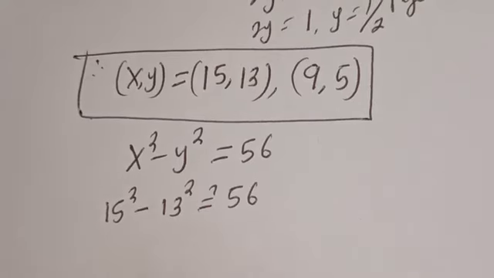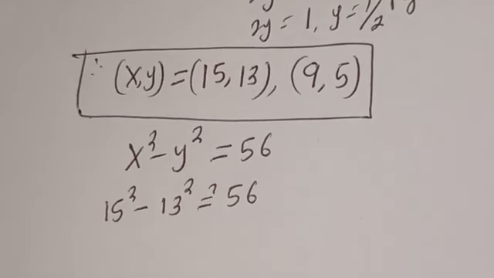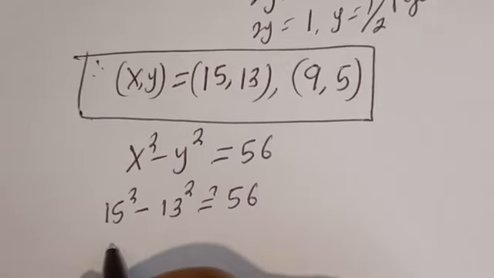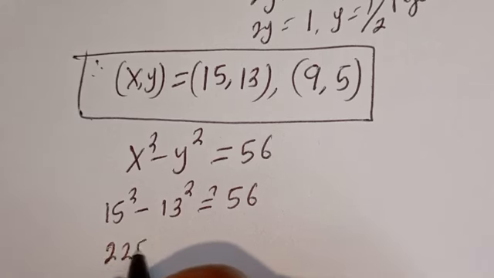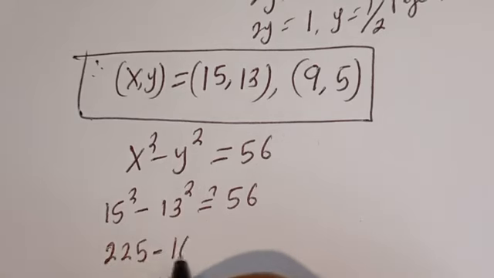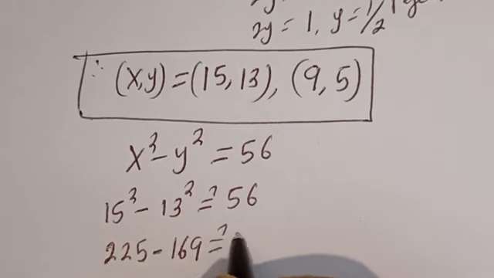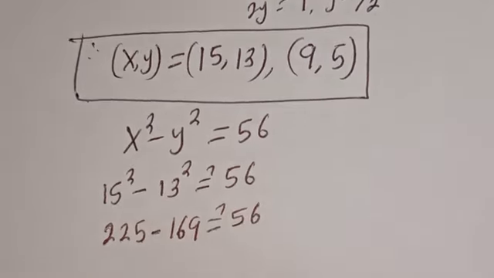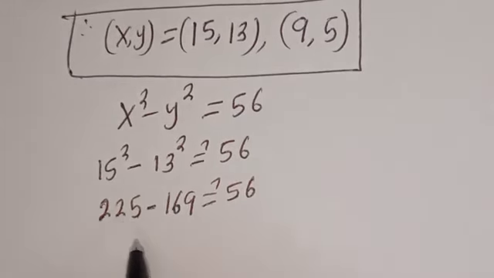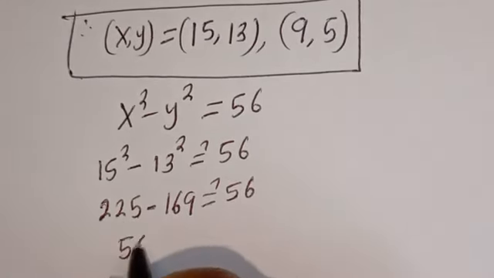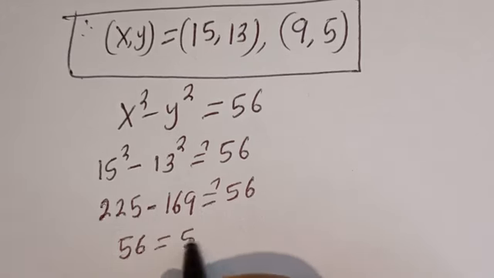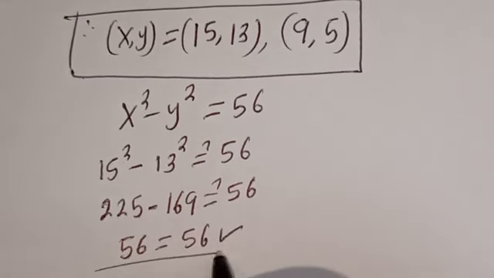Then 15 squared, this is 225 minus 13 squared, 169 must be equal to 56. If you subtract 169 from 225, we have 56 is equal to 56, which is true.